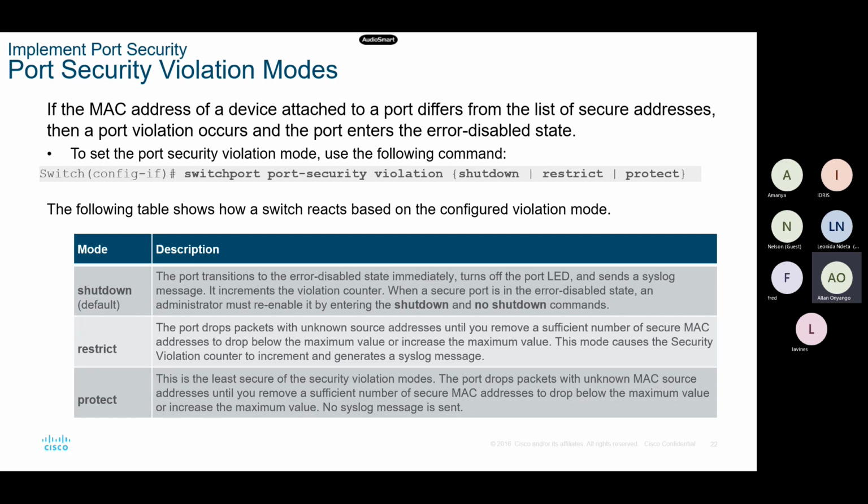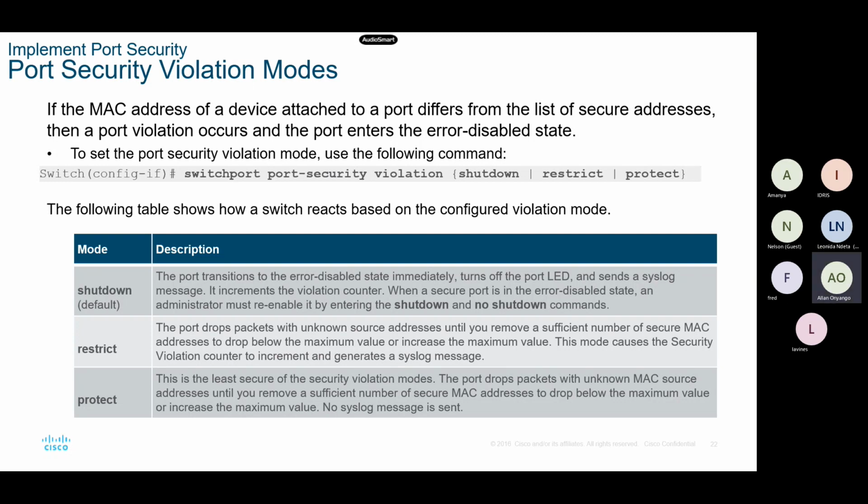So that is the default violation, shutdown, and those are the activities that take place. Then the second violation mode is called restrict. In restrict, the port will not be turned off. That means the port will not be shut down.